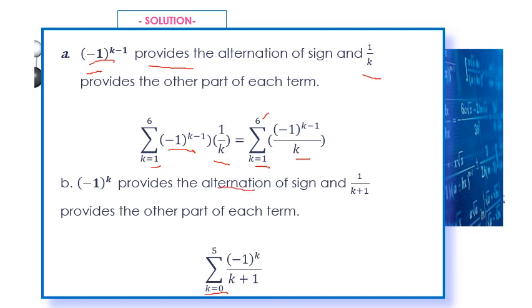Then, sa denominator, hindi na siya pwede mag-k lang, kay hindi pwede nga 1 over 0 ang aton first term. So, that is 1 over k plus 1. It provides the other part of each term. So, simplifying, we have negative 1 raised to the power of k over k plus 1, wherein k is from 0 up to 5. That is our final answer.